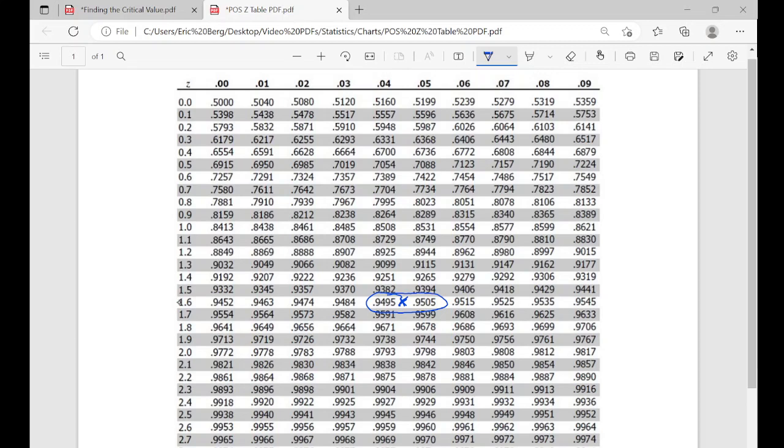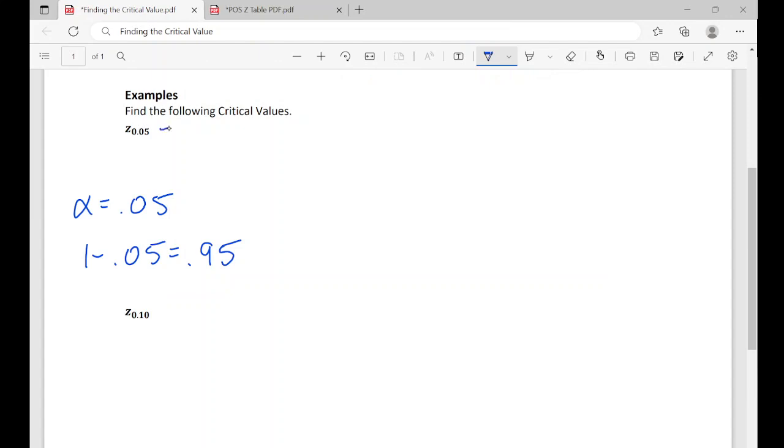So what we're going to do is we're going to have a z-score of 1.6, and then in the middle between 0.04 and 0.05. So this is going to be 0.045. So our z-score is going to be 1.645. So critical value, 1.645. That's our critical value.